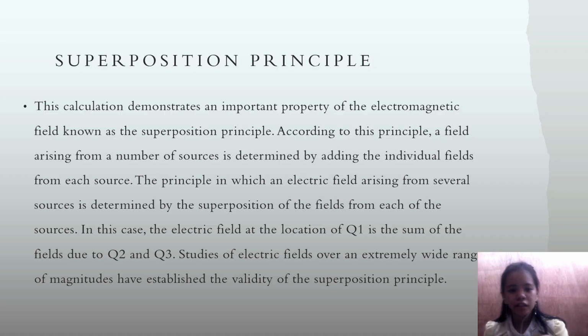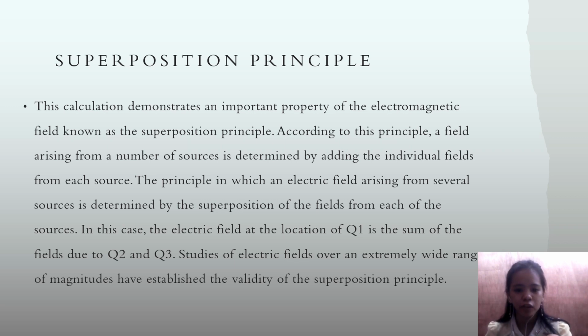So next is the superposition principle. This calculation demonstrates an important property of the electromagnetic field known as the superposition principle. According to this principle, a field that arises from a number of sources is determined by adding the individual fields from each source.